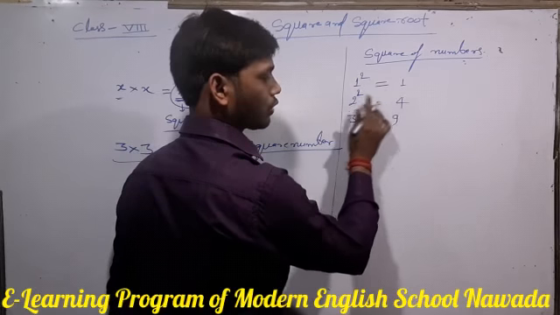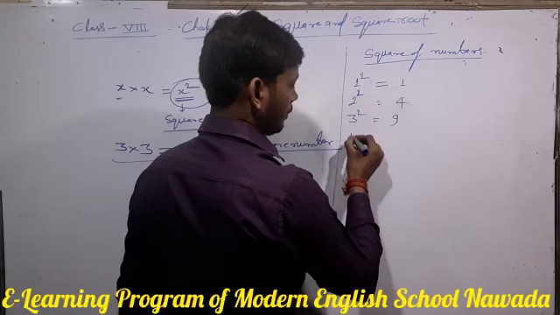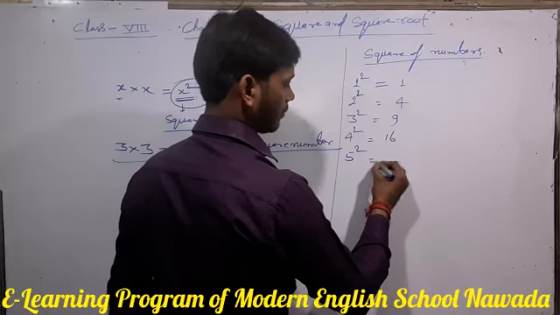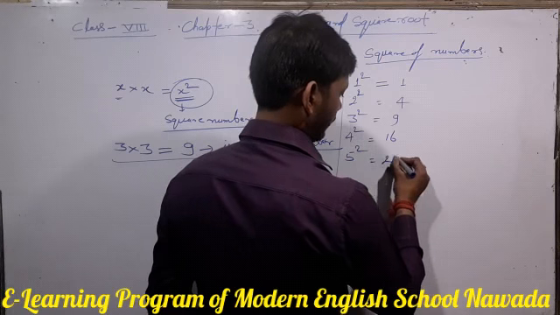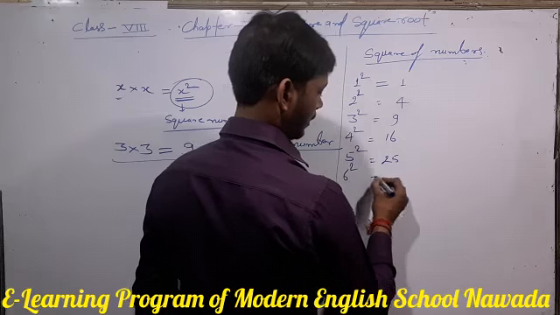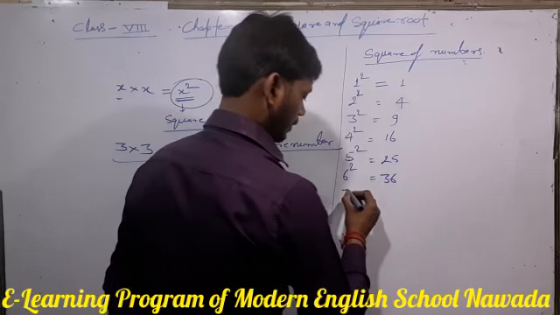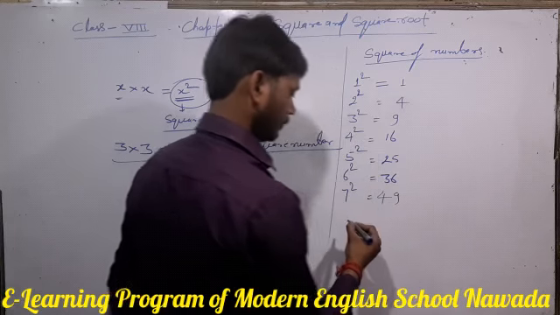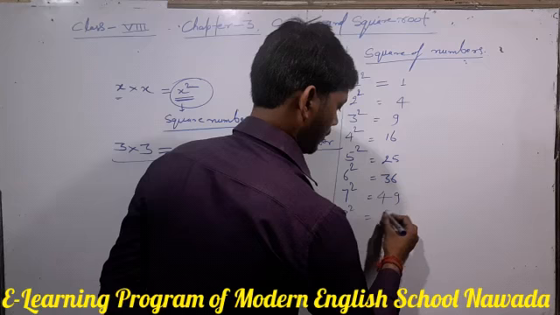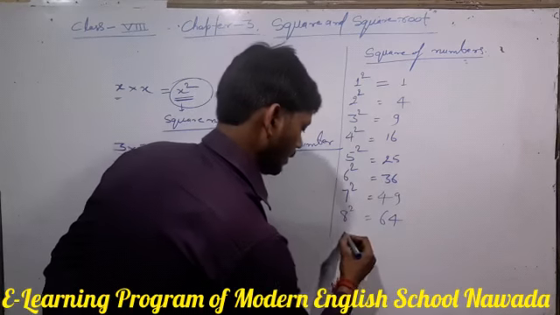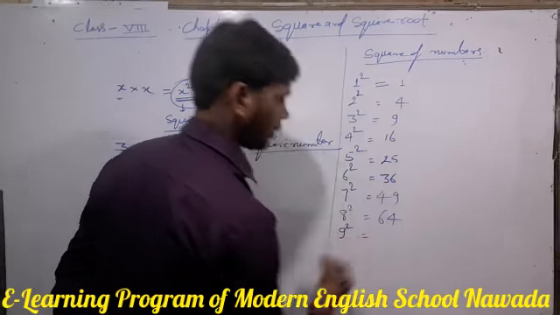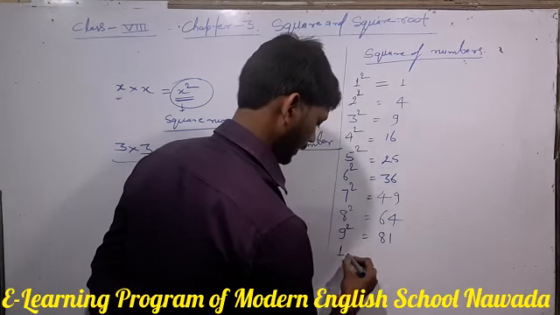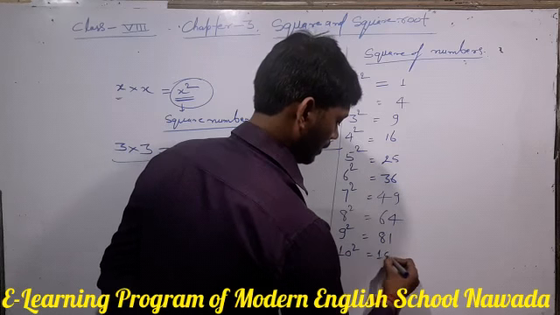1 square is 1, 2 square is 4, 3 square is 9, 4 square equal to 16, 5 square equal to 25, 6 square equal to 36, 7 square is equal to 49, 8 square equal to 64, 9 square is equal to 81, 10 square equal to 100.